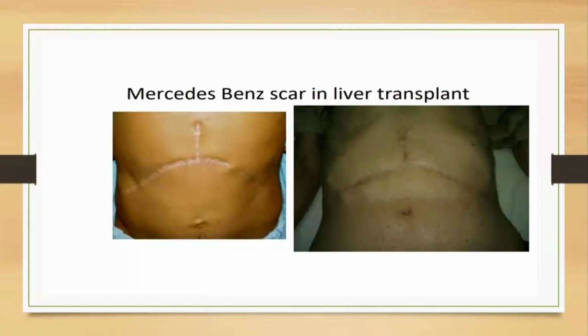Or there can be finger prick marks. Finger prick marks might give you a clue that the patient is obese, he is diabetic, he might have non-alcoholic fatty liver disease or MASH, and that's why he has undergone this liver transplant. So always look for the etiology of these things as well.